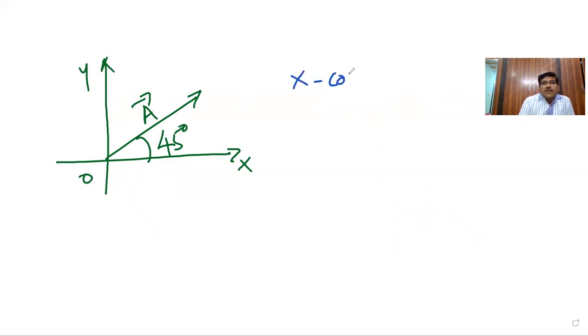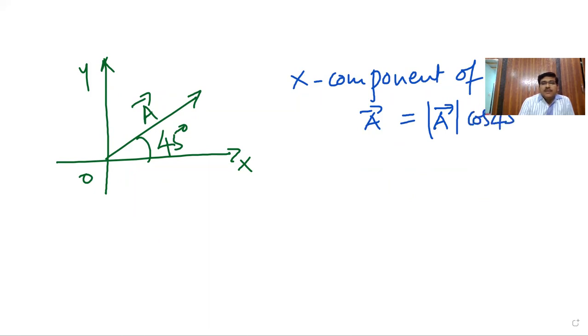The horizontal component of A bar is modulus of A bar into cos 45. What is the magnitude of A bar? 100. Cos 45 is 1 by root 2. So 100 by root 2 units. This is the x component of A bar.